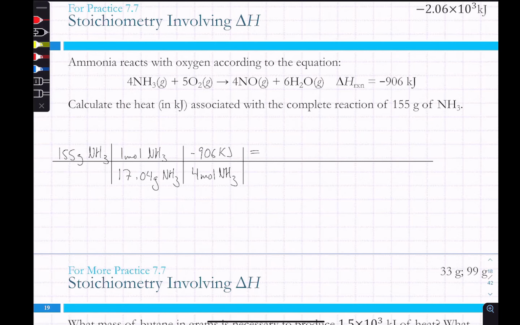So 155 times negative 906, divided by 17.04, divided by 4. So negative 2060.299, and then 3 sig figs.